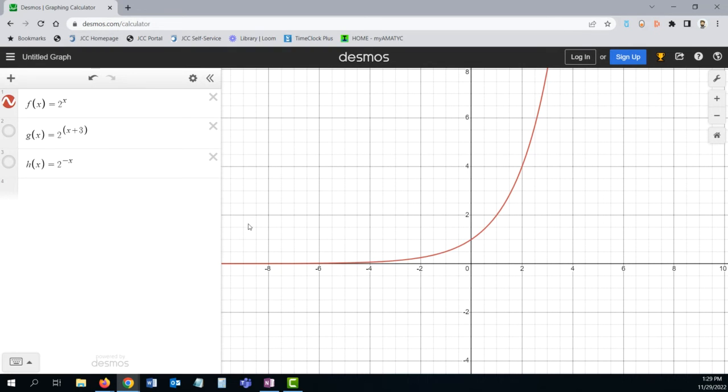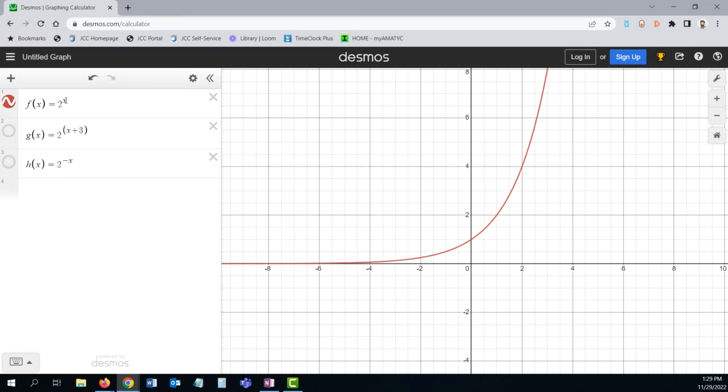What's happening as x goes more and more negative? Well, as x gets more and more negative, the power of x is negative, which means that 2 is not supposed to be in the numerator, it's supposed to be in the denominator. So 2 to the -2 is 1 over 2 squared, which is 1/4. 2 to the -4 is 1 over 2 to the 4th, which is 1/16.